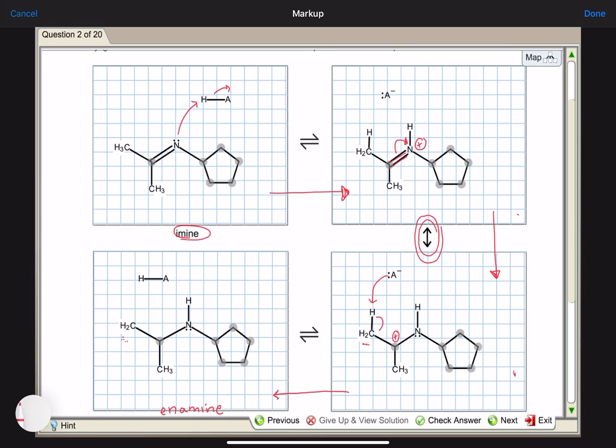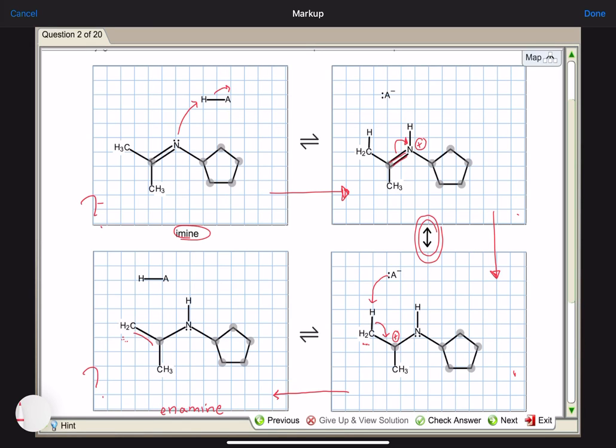And, I'm drawing my electrons going the wrong way. Remember, we're trying to make an enamine, so that is going to give us the enamine down here. Now, underneath all of this, it asks you to make a prediction about which is more stable, the imine or the enamine.